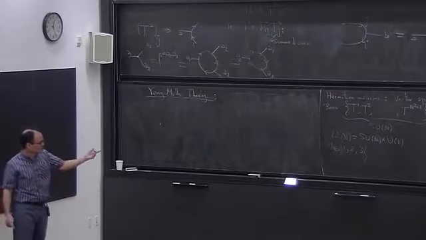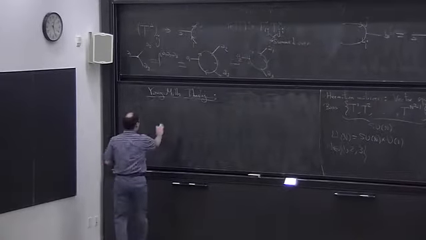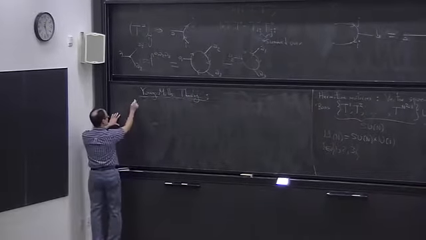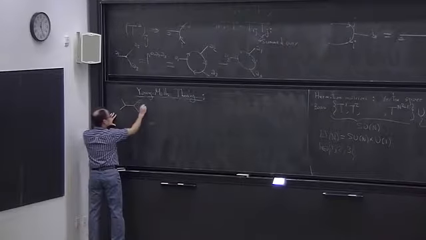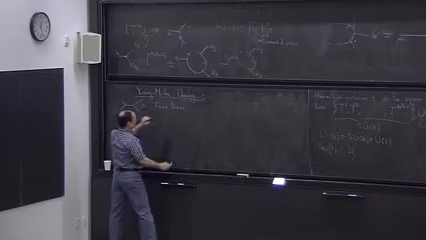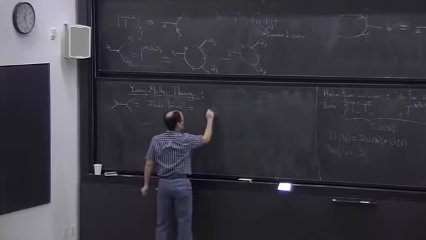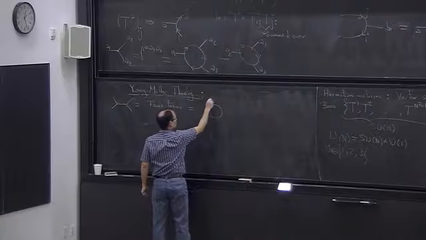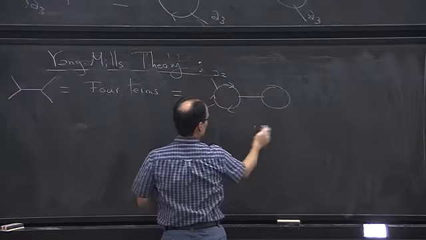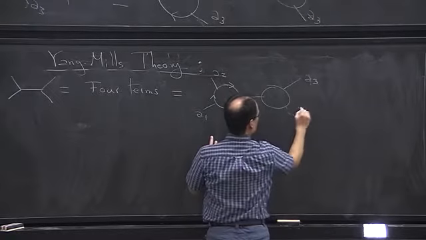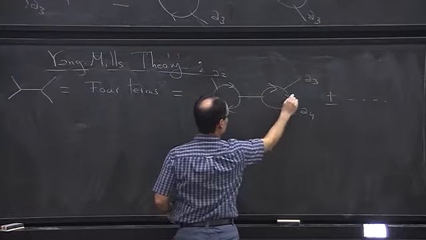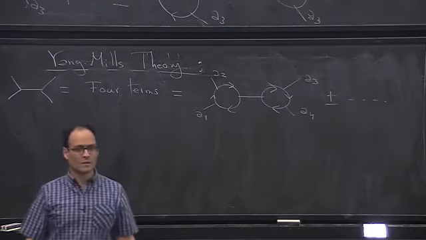We started with 1 term, and now we ended up with 4. Sometimes things get more complicated before they simplify. So we get this thing is going to be 4 terms. Let's look at the first one. What's the first one? It's A1, A2, connected to A3, A4, plus minus the other terms. Okay?